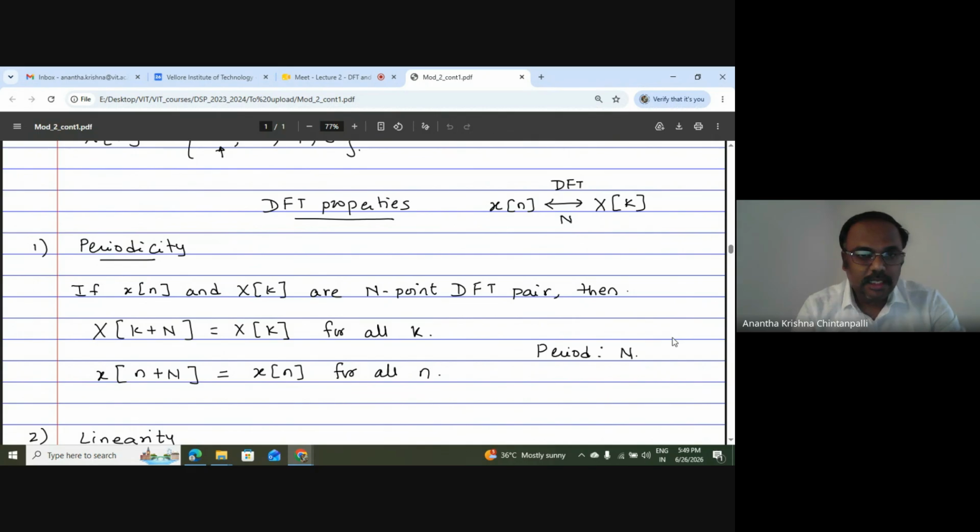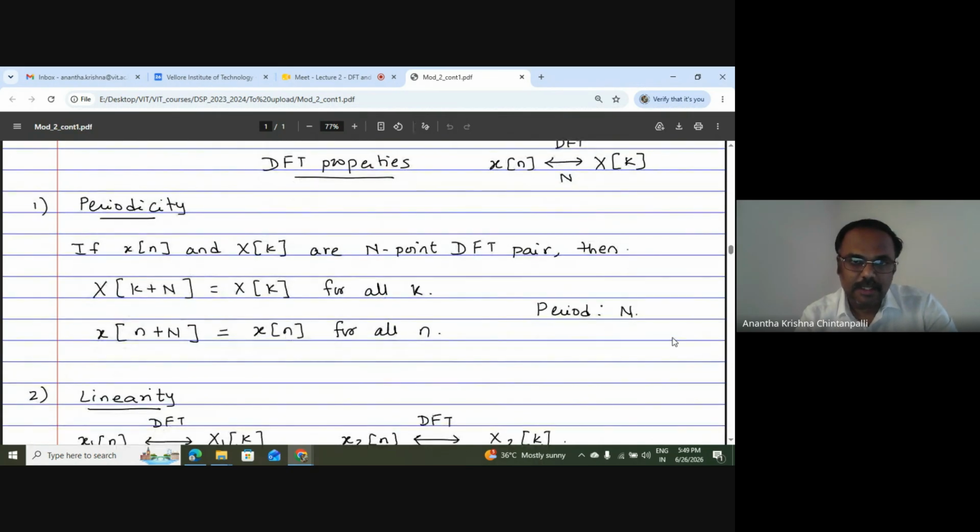Second, from a student perspective, they might think, oh my God, there are so many properties. But if you look a little closer, there are a lot of similarities between them, like discrete time Fourier transform and discrete Fourier transform, but at the same time there are some dissimilarities also. And you need to know the similarities and dissimilarities associated with it.